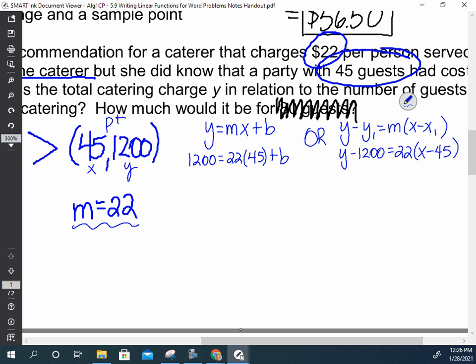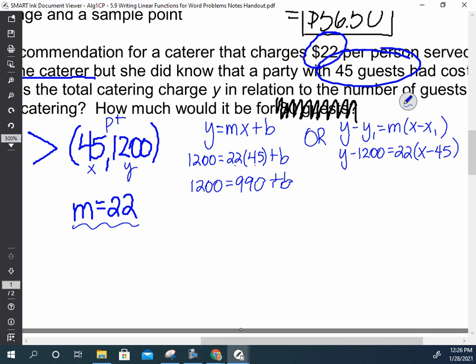If I use slope-intercept form, what's 22 times 45? Calculators. 990.